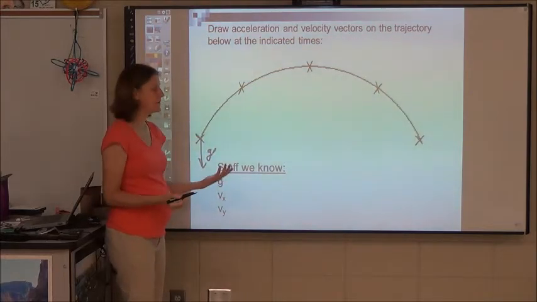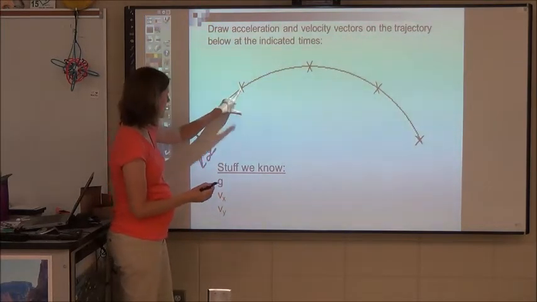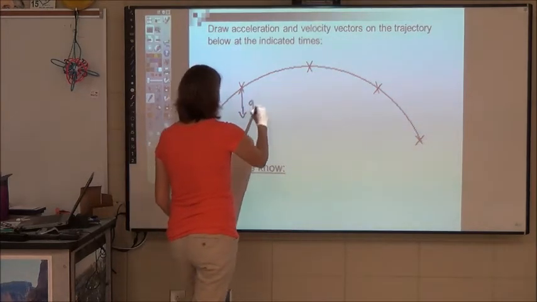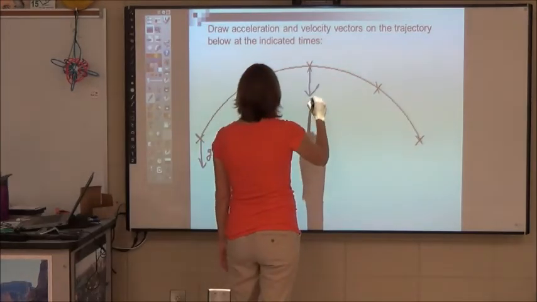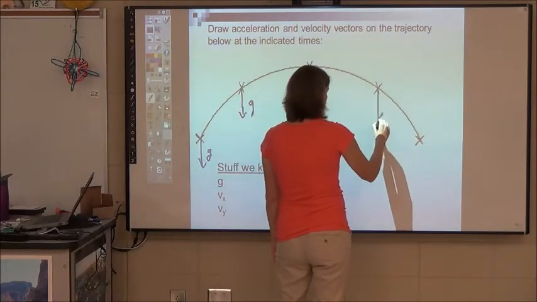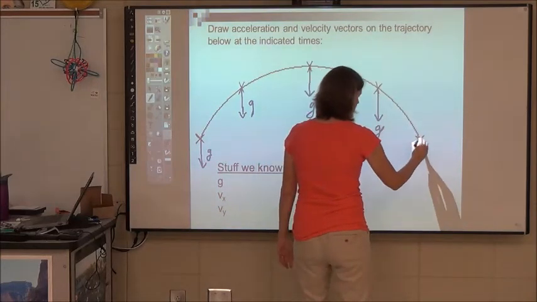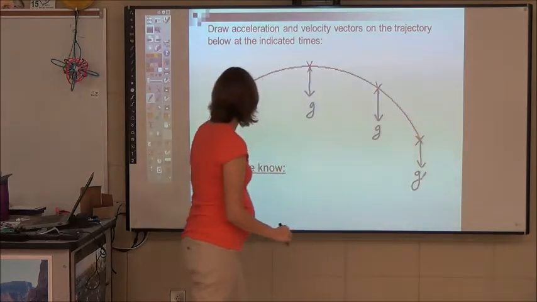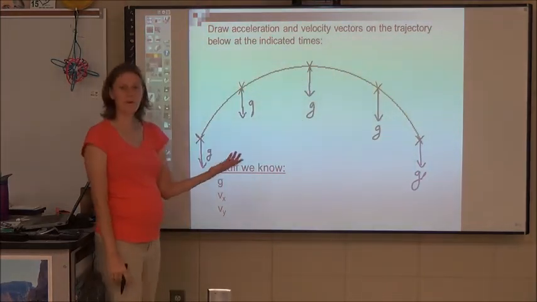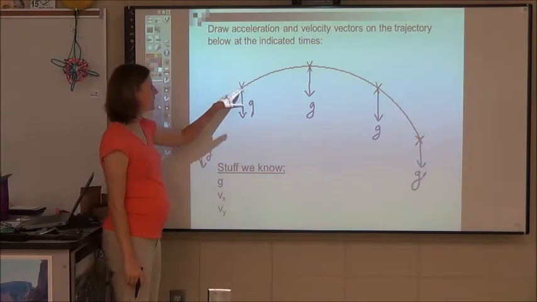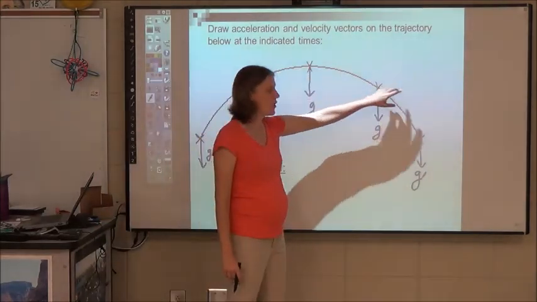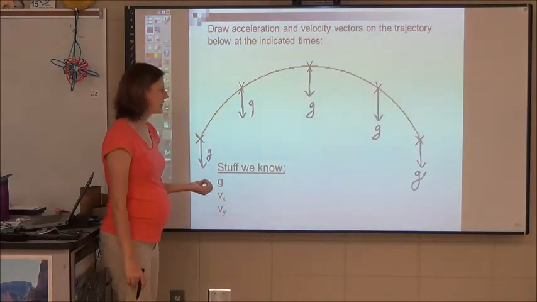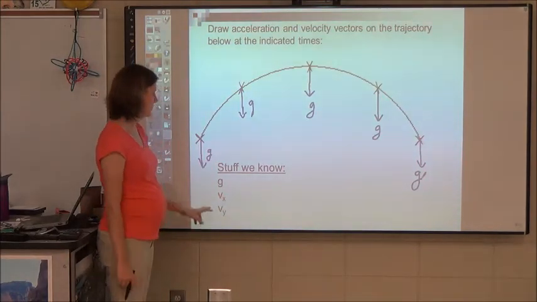And it should always be the same size, to the best of my drawing ability. Okay, so gravity vector, anywhere where that golf ball could be, is always trying to pull the golf ball down with the same magnitude, same 9.81 meters per second squared.